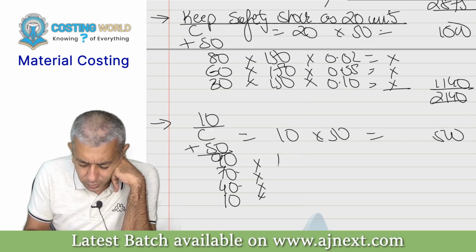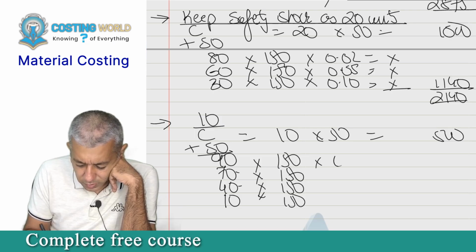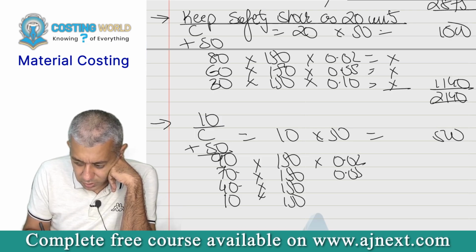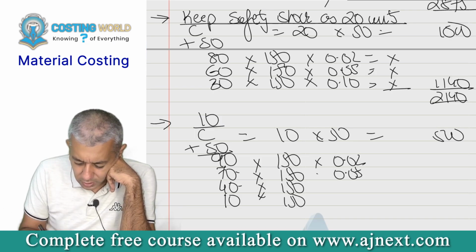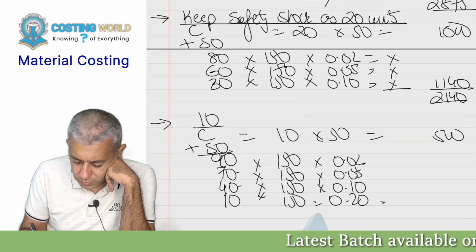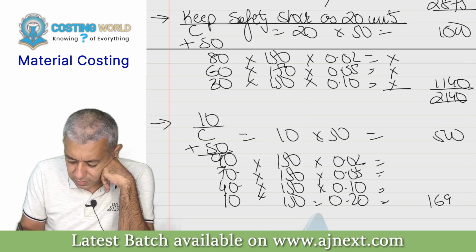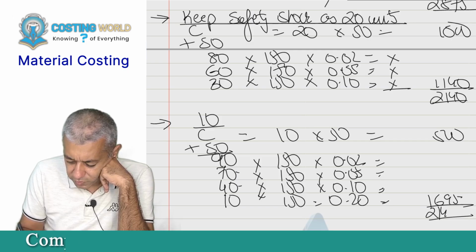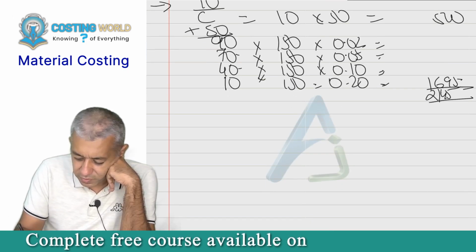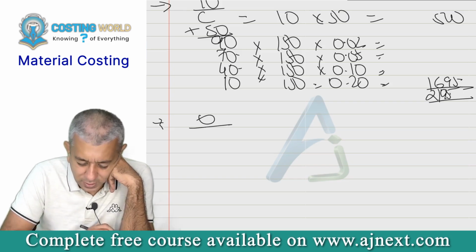Into 150, and then this will be 0.02, 0.05, then in this case 0.10 and 0.2, no? Okay. 1695, 2145, 2195.